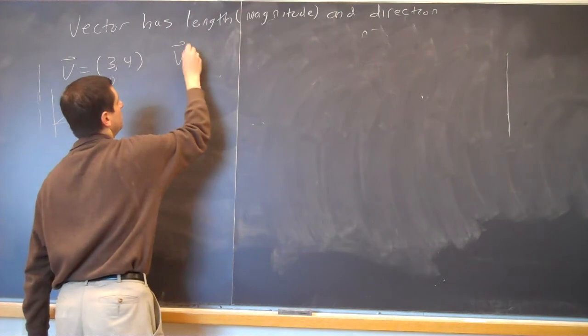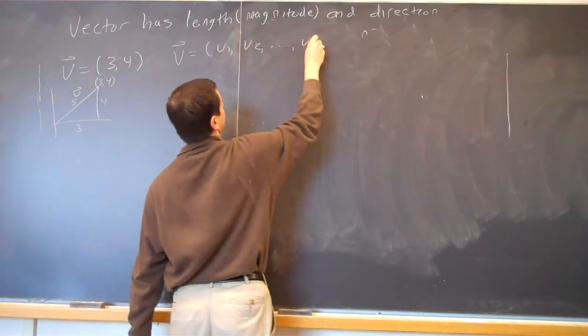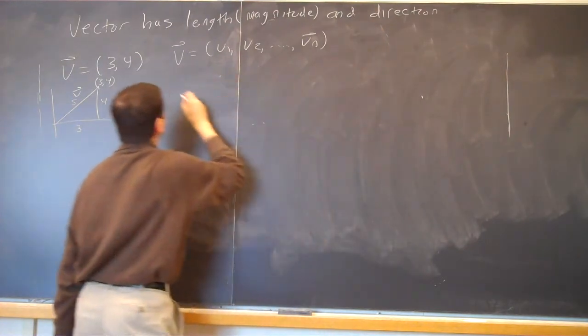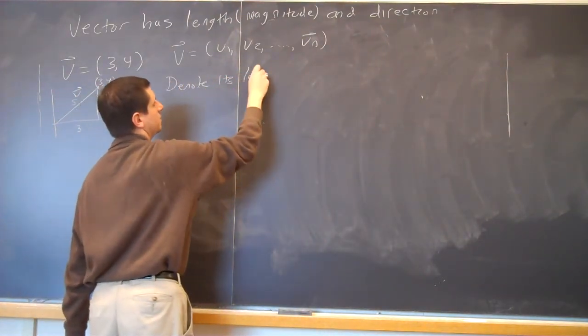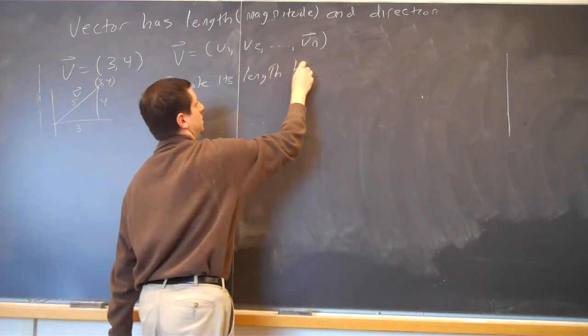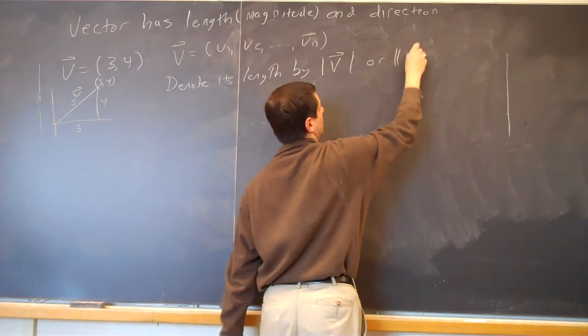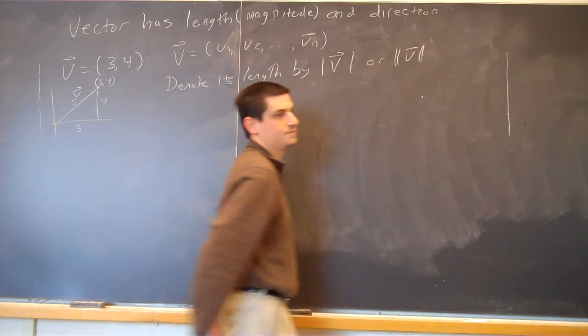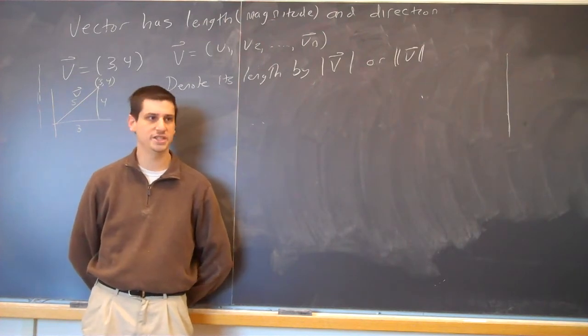So let's let V be the vector V1, V2, Vn. Denote its length by absolute value of V or double lines of V. So I like both notations, but in some sense I do prefer one notation to the other.